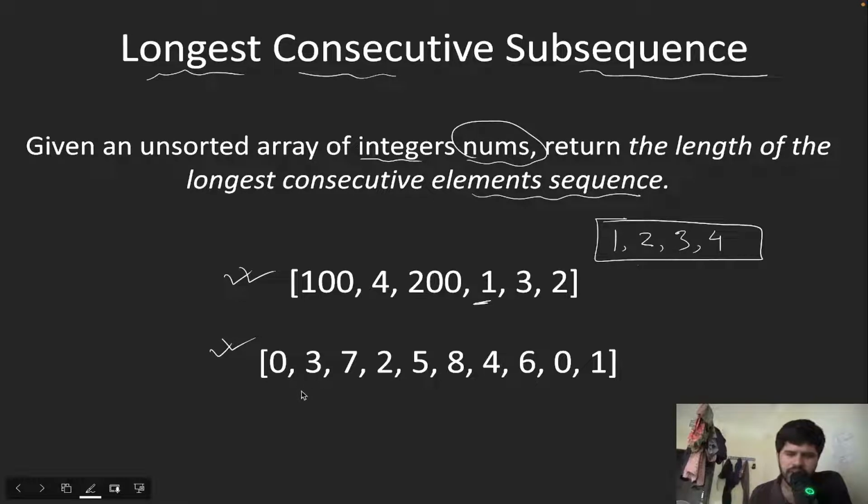And in the other array of integers, if we start from 0, 1 exists, 2 exists, 3 exists, 4, 5, 6, 7, 8. Sorry, here we should have 9. Consecutive means one greater than the previous one. Hope you've understood this problem statement.